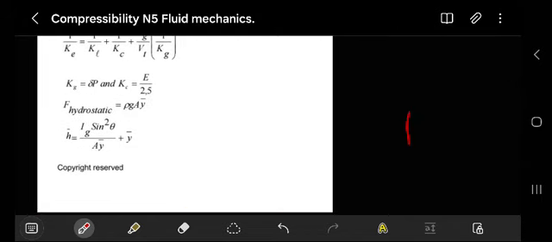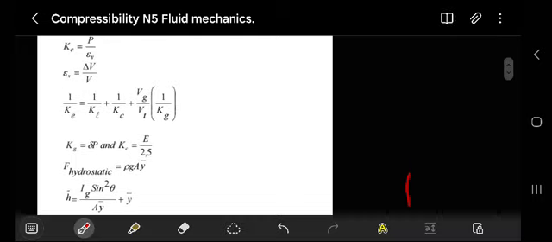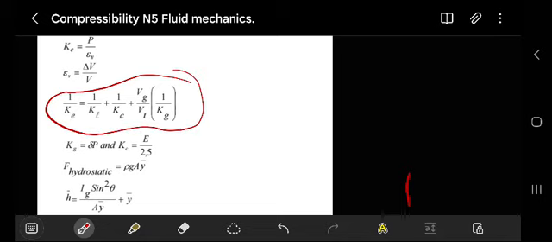So let me break down this formula sheet. We'll use that formula to calculate the effective bulk modulus. But what is important is that you must know what KE represents: the effective bulk. KL is the isothermal bulk.